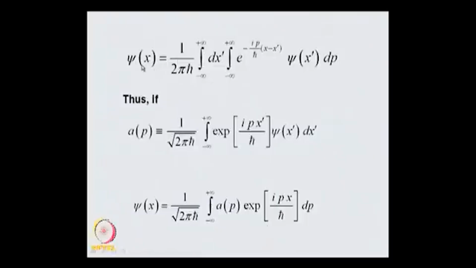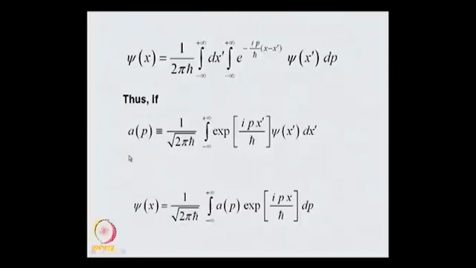Thus, if psi of x is equal to so much, and if a of p I define as the Fourier transform of psi of x, and then I quietly remove the prime from here, then psi of x is equal to the integral of a of p into e to the power of i p x by h cross dp.